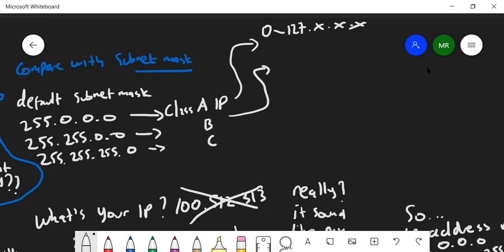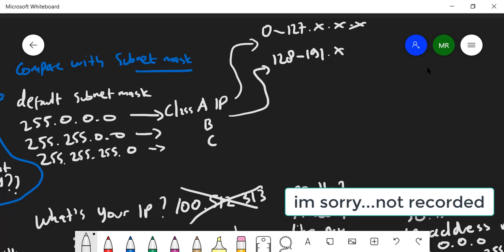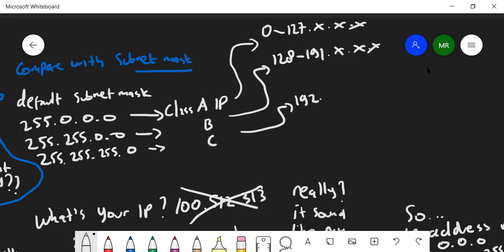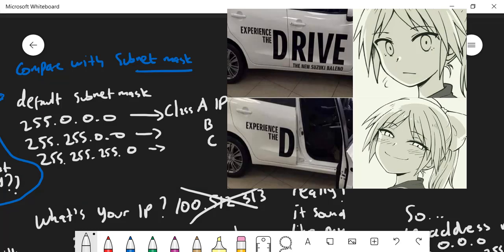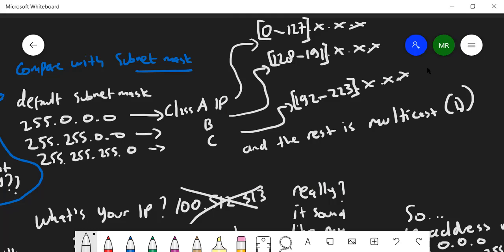And then Class B uses IP addresses from 128 up to 191, and Class C uses IP addresses from 192 up to 223, and the rest is Class D. Maybe I'll cover it later if I have time, the multicast addresses and Class E, the experimental addresses not used in production.